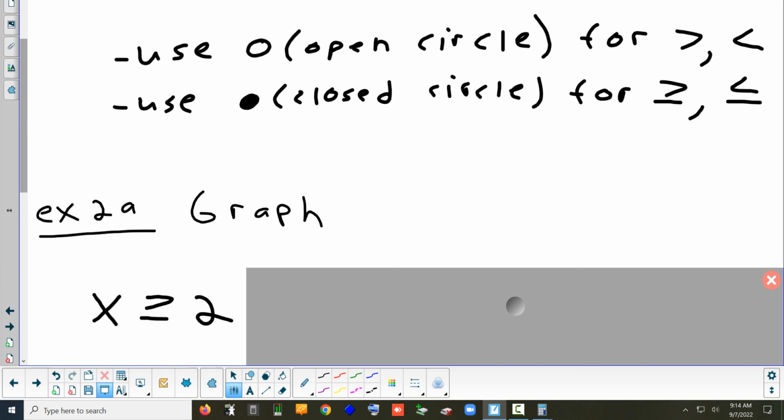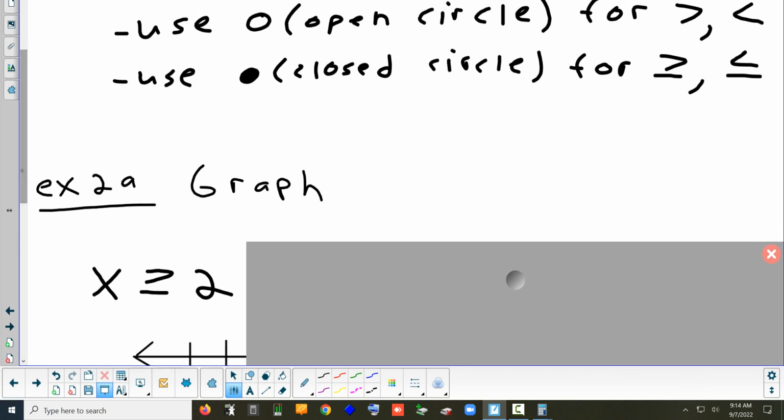So there's really three things you have to decide when you want to graph. What type of circle, what number does it go on, and then which way do you shade? So the first one is x is greater than or equal to 2.